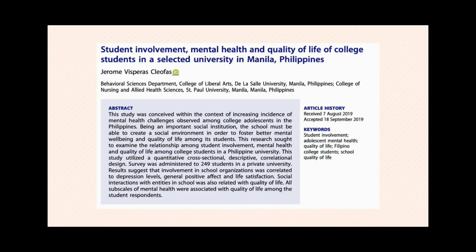And I made use of statistics in order to correlate these things together, and I did find out that, more specifically in engagement to student organizations, the more students are engaged in student organizations, the more likely that they have better mental health outcomes.